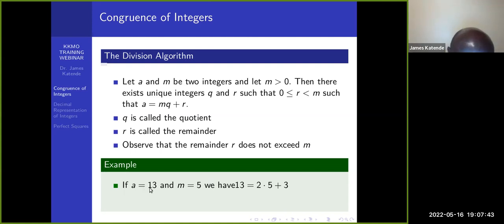Now, if a is 13 and m is 5, then using this setup, we can write 13 as 2 times 5, which is 10, plus 3.